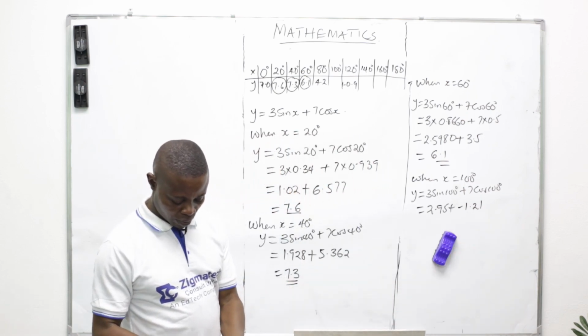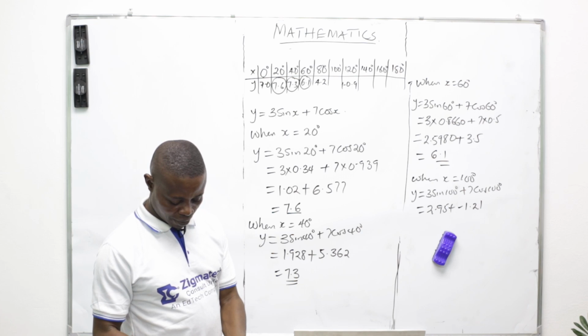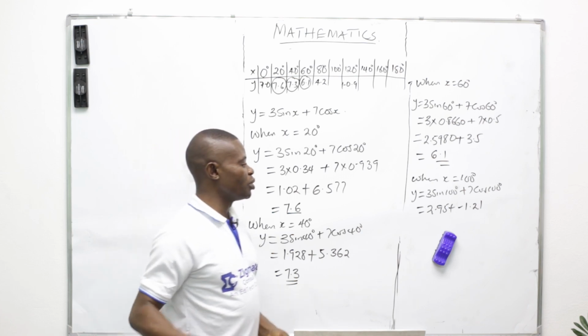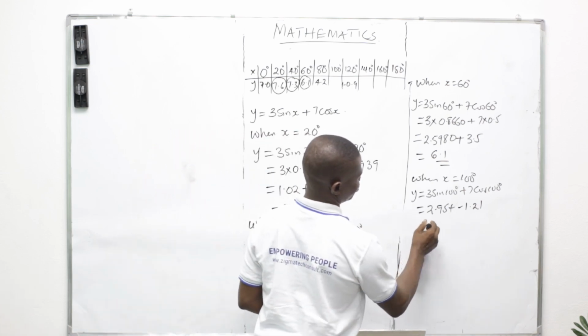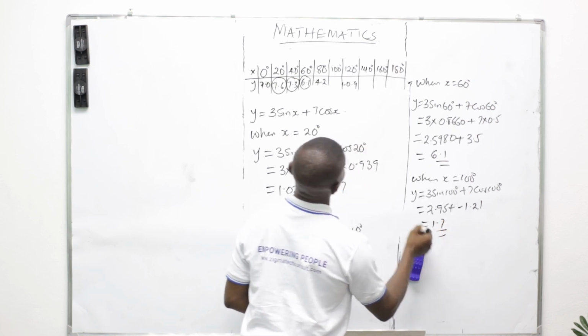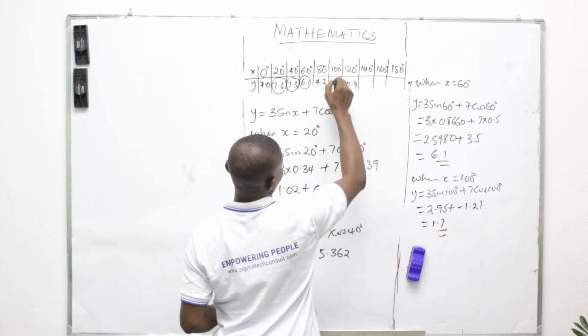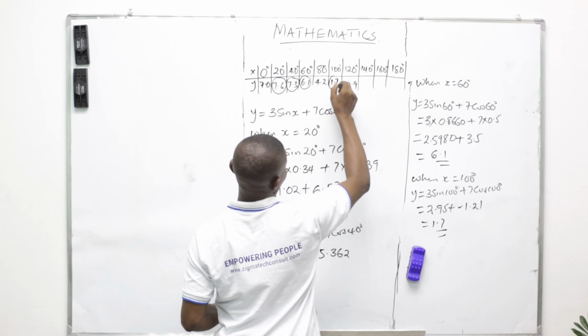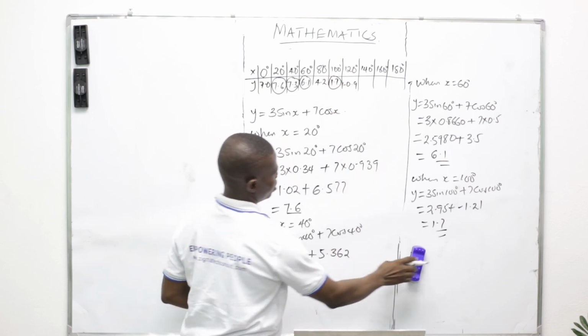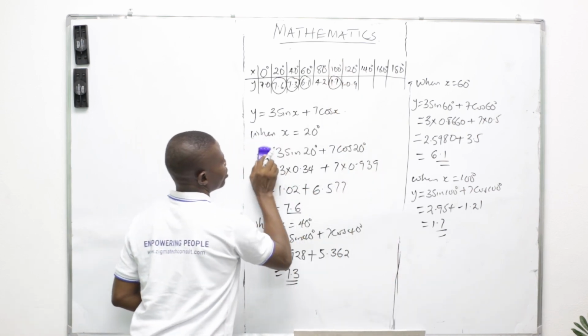Plus 2.95 gives 1.73. But we're interested in just one decimal place, 1.7. You circle it.